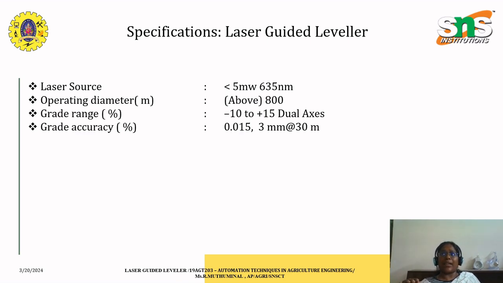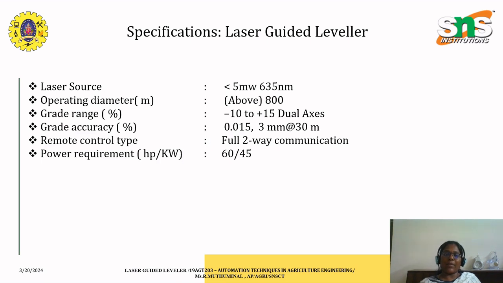That means, as we said in previous sessions, wherever accuracy is stated, it is subject to plus or minus 3 mm, and we can provide that as the grade accuracy. The remote control type is two-way communication, and the power requirement is a 60 horsepower tractor and 45 kilowatts for the electrical control panel circuit.